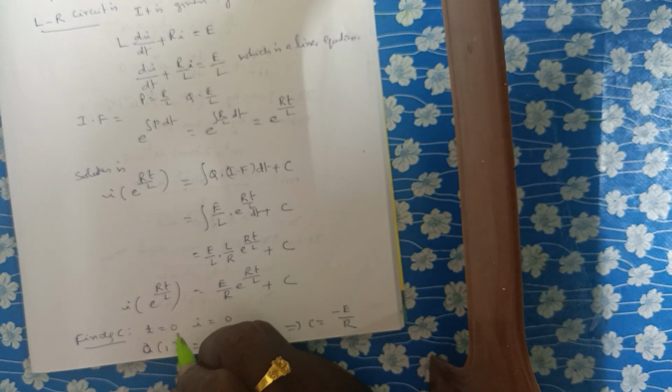Now here the constant c is required. So finding c: at time t equal to 0, the current is 0.